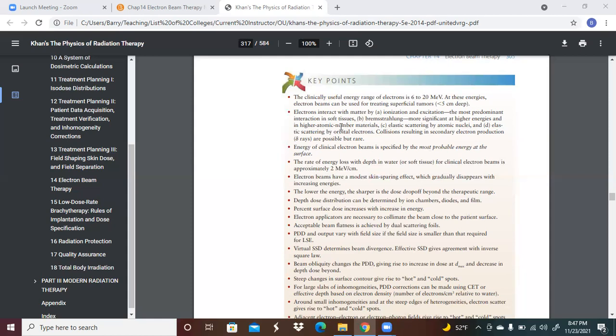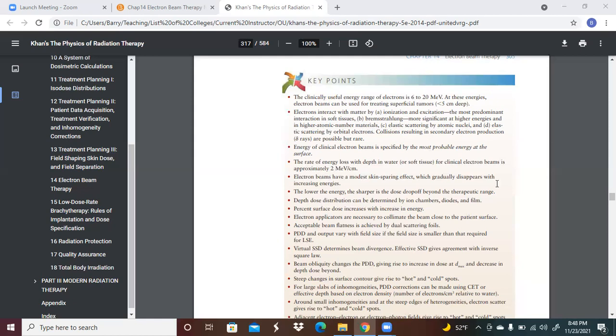Electrons are going to interact with matter through a process of ionization and excitation. These are the most predominant interactions in soft tissues. You can also have bremsstrahlung, which is more significant at higher energies and higher atomic number materials, higher Z materials.